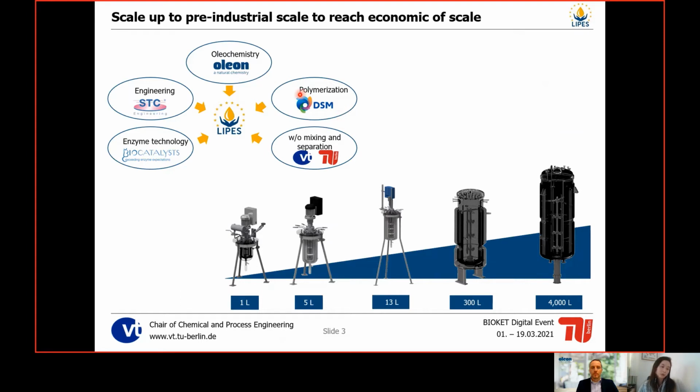DSM evaluates the free fatty acid for production of biopolymer, and we have STC Engineering that provides engineering support to build this unit operation and the reactors. And we also have a partner in Wales, Biocatalysts, that produces a novel enzyme specific for our processes. Myself, I am from Technical University of Berlin, where we focus on optimizing the different unit operations itself.